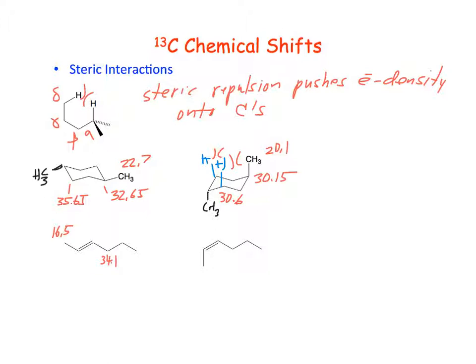But if we have this being cis, we get steric interactions between these two positions. This moves up to 11.4, and this is at 28.2. So you can sometimes determine stereochemistry of carbon chains just based upon the chemical shifts.